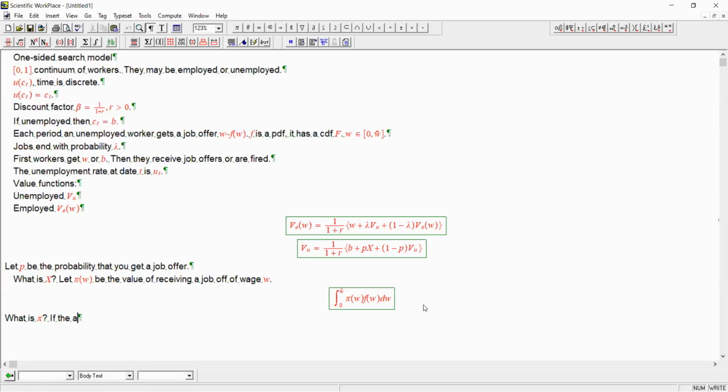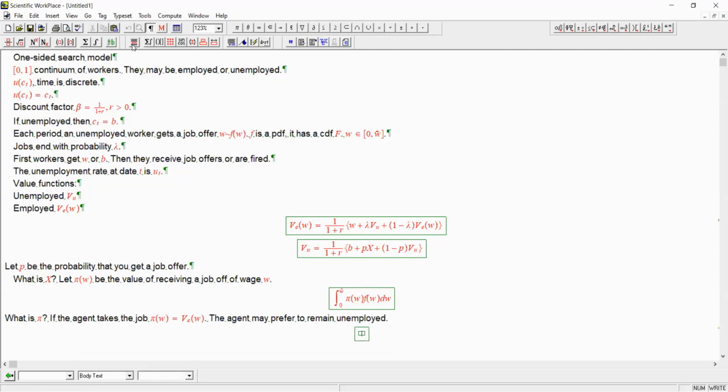If the agent takes the job, of course, pi of W is just equal to VE of W. But, and this is the key thing to search models, the agent is not obliged to take the job offer. The agent may prefer to remain unemployed. Then, what does that give us?